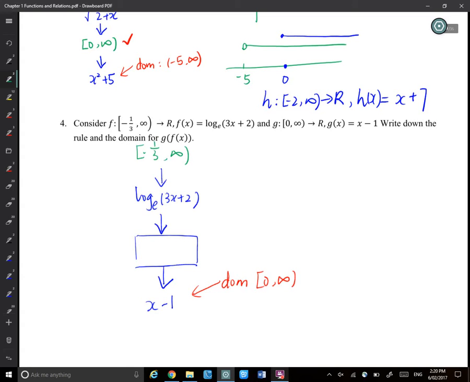What's the range for a normal log function if there are no restrictions? Think about what the graph looks like. It goes from bottom to top, so the range is actually R, but the domain is positive.